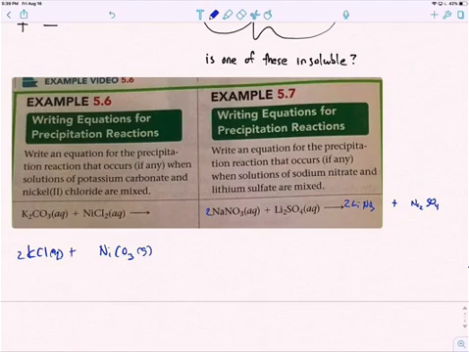So all alkalis are soluble, so these are both aqueous. These do not form any precipitate, and because of this, this is no reaction. I mean, they can mix together, but nothing will happen. Whereas the first one, potassium carbonate and nickel chloride, you will see a nickel carbonate precipitate. The 5.7, absolutely nothing will happen.